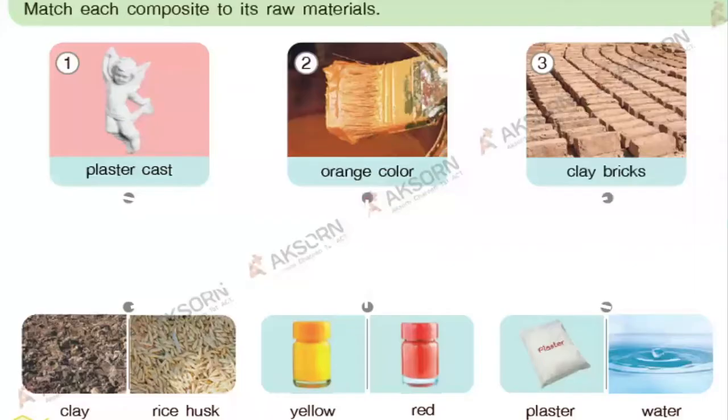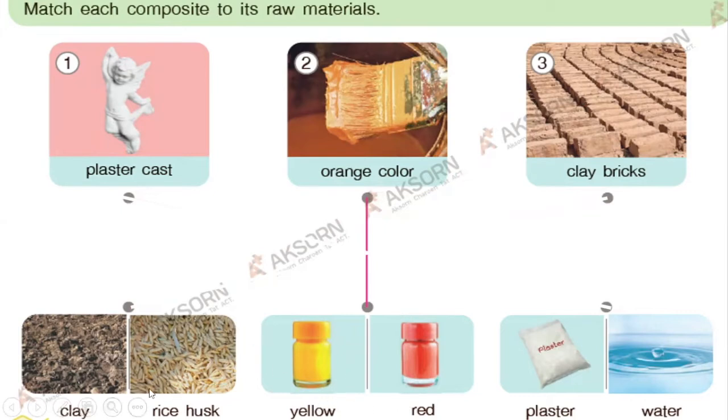For example, if we mix 2 or more colors, we can get a new color. If we mix yellow and red color, we will get orange color. So orange is a composite material mixed by yellow and red color.